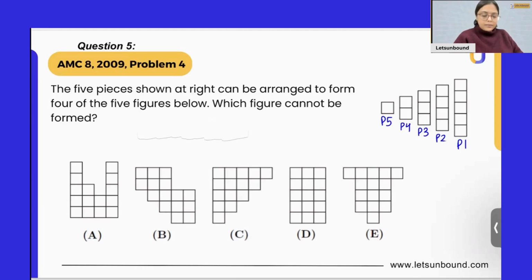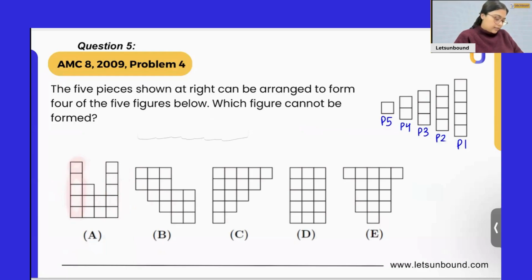Now have a look at option A. Can we form that? Let's see. So you can see piece 1 can be adjusted here because there are 5 blocks in it. Yes, the 5 squares. Then piece 2 can be part of this, the 4 squares. Along with that, piece 5 can come here, right?